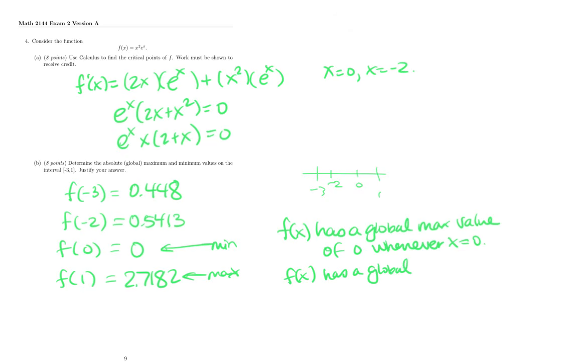Sorry, that was the minimum. I said maximum. f of x has a global maximum value of 2.7182 whenever x equals 1. And so those are my max and min values.